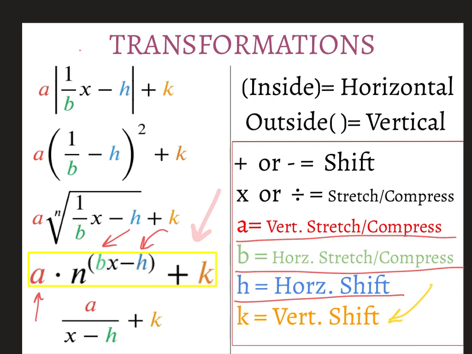Now, we are building this off of the parent function f of x. We are going to see some differences in this because there are an infinite number of families of functions. There's only one for all the ones we've ever covered except for this one. The parent function is based on whatever the base is.